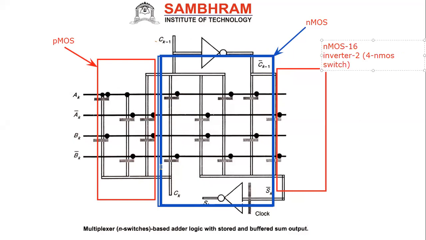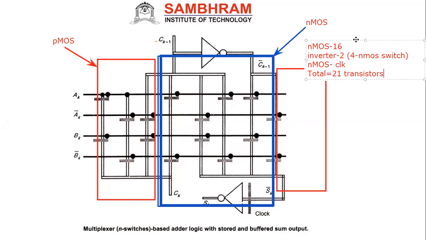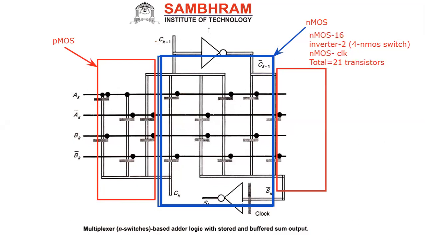Because if you want to implement one inverter, we need 2 NMOS switches. It can be either depletion or enhancement based. Next, additional is one more NMOS switch for clock. Now how much is total? Total number of transistors to implement here: 16 plus 4, it is 20. 20 plus 1, 21 transistors. 21 transistors are required to implement NMOS.